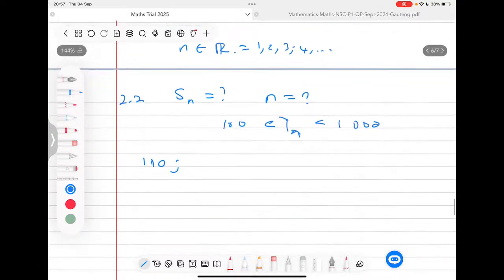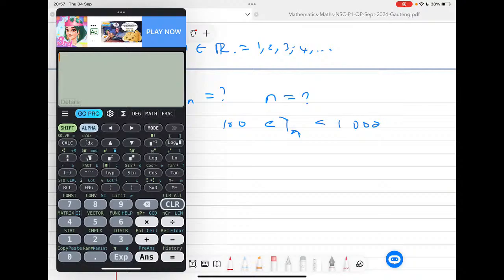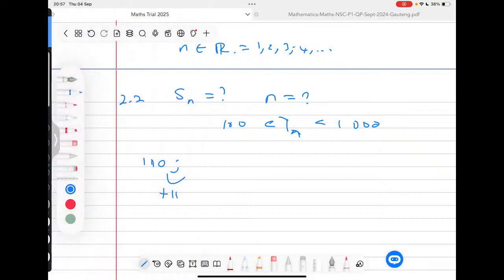And because we want these numbers to really be divisible by 11, it will be smart for us to have them increasing by 11. In other words, to find the next term, I say 110 plus 11, it then gives me 121.